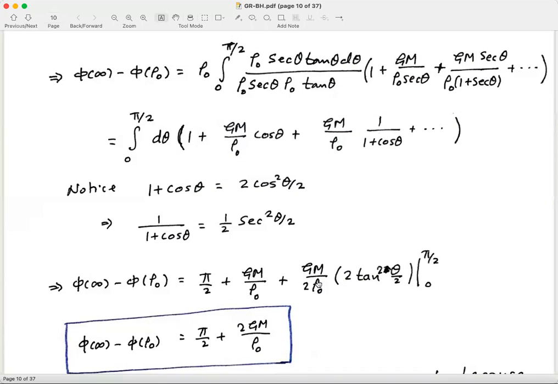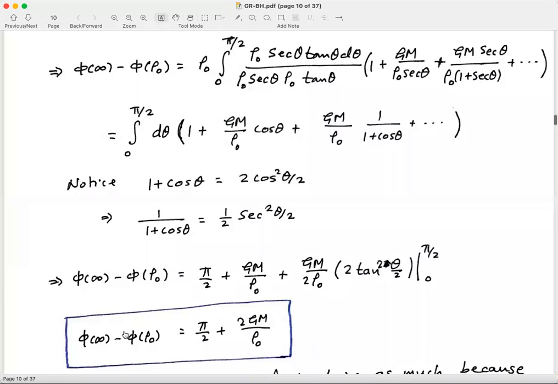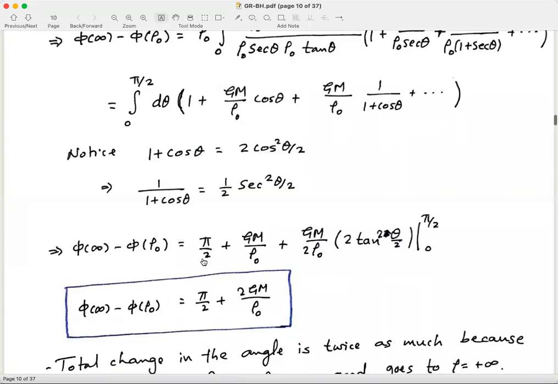This quantity can be written in this particular form by just doing the integral of this expression. And when you substitute these quantities, phi at infinity minus phi of rho naught gives you this expression: pi by 2 times g m upon rho naught.